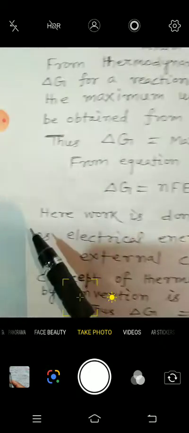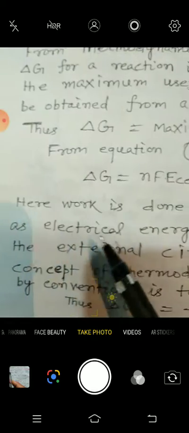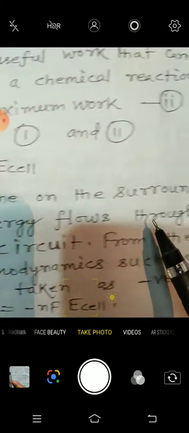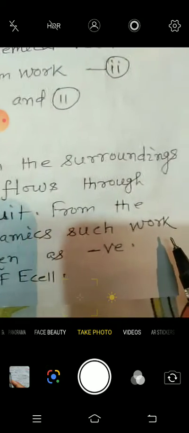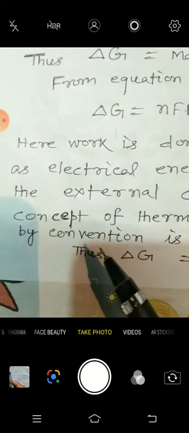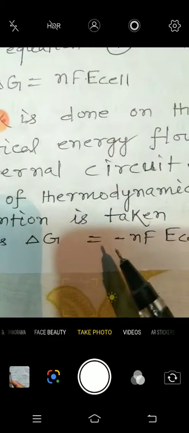Here, work is done on the surroundings as electrical energy flows through the external circuit. From the concept of thermodynamics, such work by convention is taken as negative. Thus, delta G is equal to minus nF E cell.